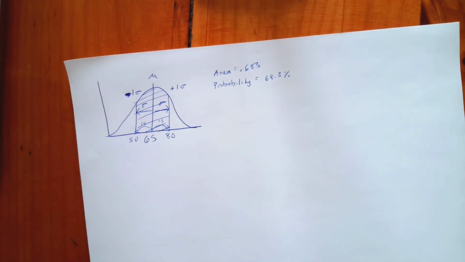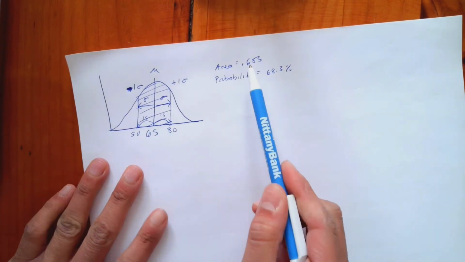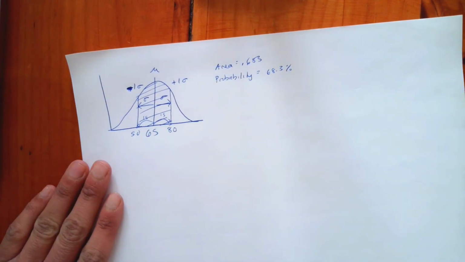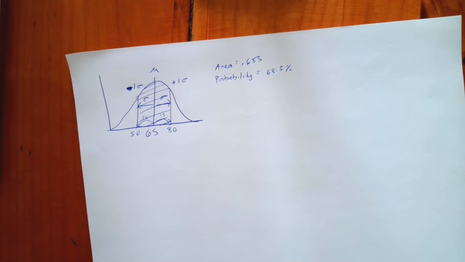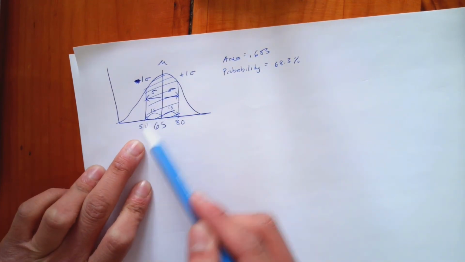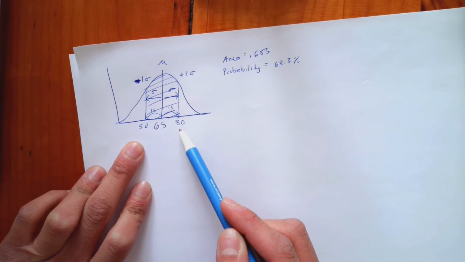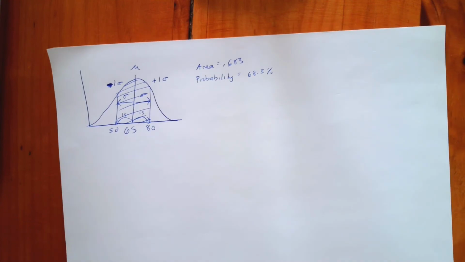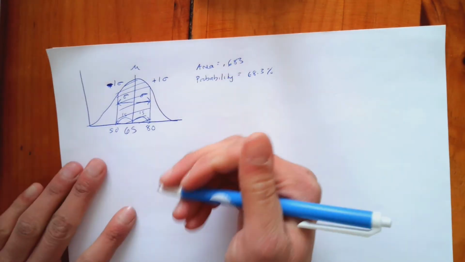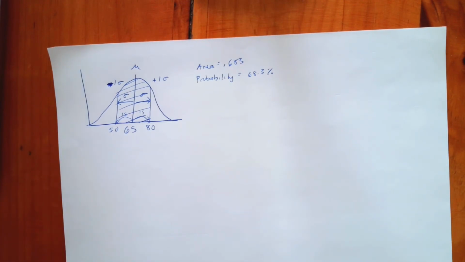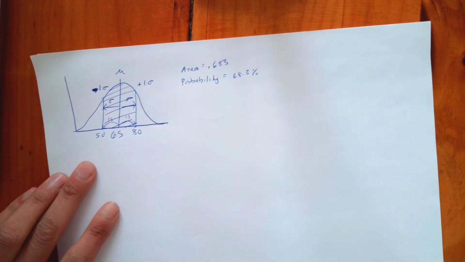So we've got 68.3% of our area, also known as an area of 0.683, and a probability of 68.3%. This probability, based on how probability distributions work, is equal to the probability of getting an outcome that's between -1 standard deviation and +1 standard deviation. In other words, a probability of between 50 and 80 items being stolen. So this part 1 of the empirical rule tells us that there's a probability of 68.3% that between 50 and 80 items will be stolen.